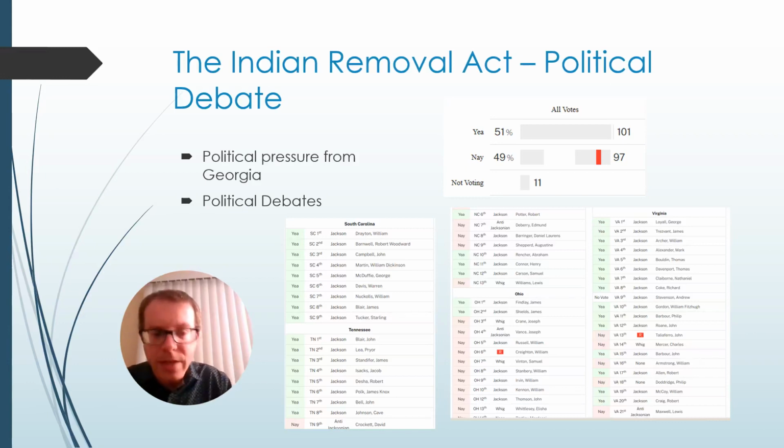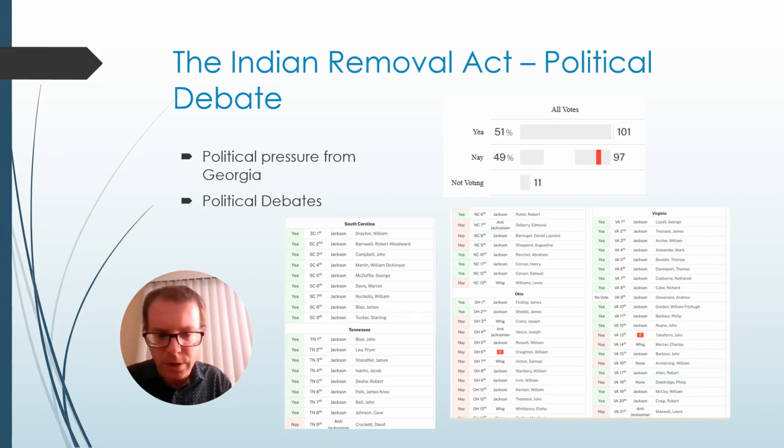Without the 3/5 compromise, the Indian Removal Act would never have been passed, because that extra representation that states like Virginia and South Carolina and Tennessee got allowed them to have enough votes to pass the Indian Removal Act and then expand slavery into new lands and then get more representatives to then protect slavery more on the federal level. So the politics of slavery and how slavery is represented in Congress, determined by the Constitution, has a strong impact into how radical the U.S.